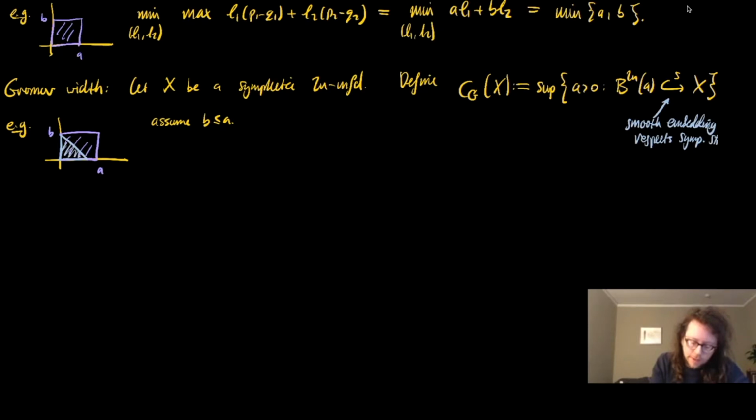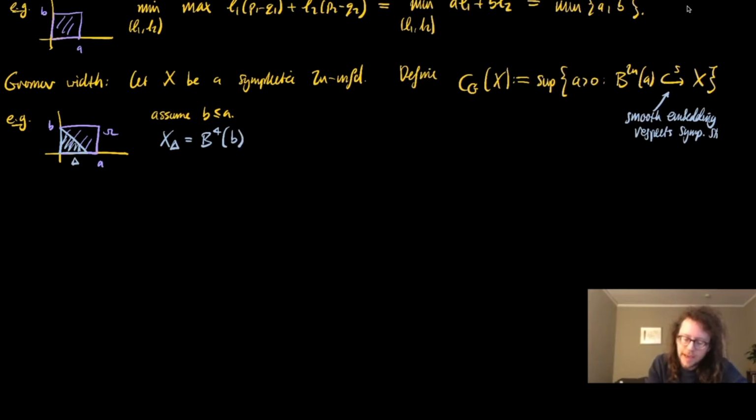Then I can fit this triangle into this rectangle. Notice that the light blue triangle, let's call that delta, and the purple rectangle omega. X delta is, in this case, the four-ball of radius b. And I've just expressed it as a subset of X omega.